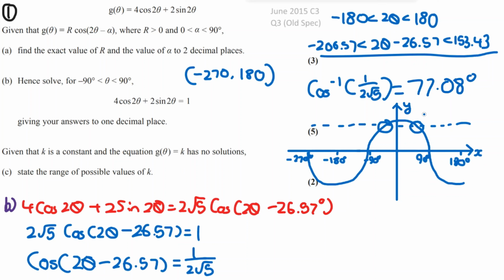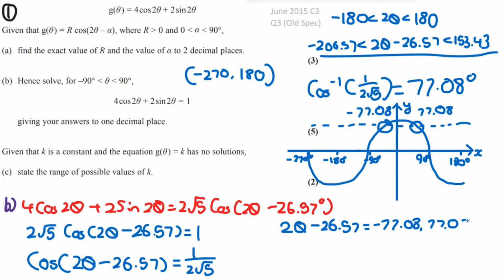We already know this one is the 77.08, which our calculator gave us, and because the cos graph is symmetric along the y-axis, this one here is just going to be minus 77.08, like this. So therefore the two solutions, so 2 theta minus 26.57 is equal to minus 77.08 and 77.08, and we can see that these both lie in the interval here, and these are the only two solutions.